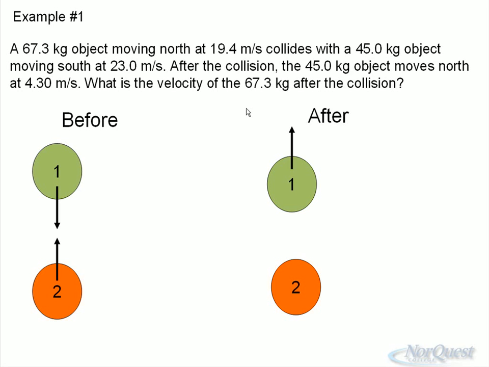So we've got a 67.3 kilogram object moving north at 19.4 meters per second. Well, that's going to represent object 2. We have the mass of object 2 equal to 67.3 kilograms. Its velocity is going to be 19.4 meters per second.